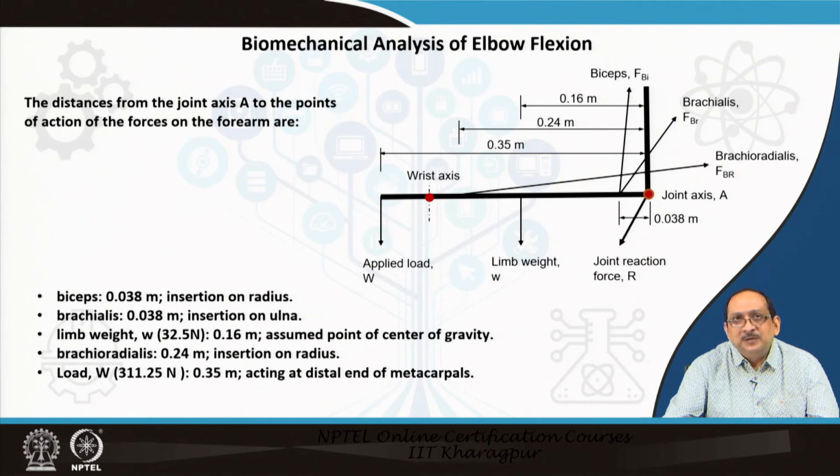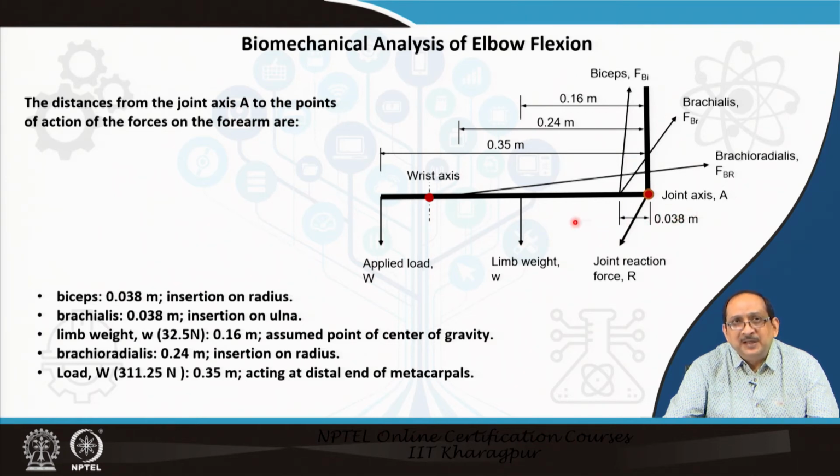The distance of the points of action of the muscle forces on the forearm from the joint axis A is given. The action of the biceps insertion on the radius is 0.38 meters from the joint axis A, which is given here.